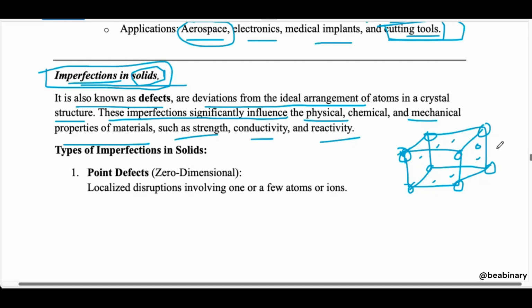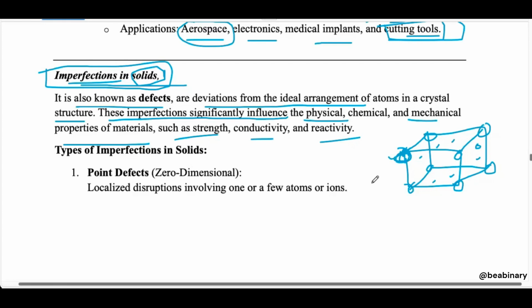Third kind of thing. Suppose an atom present at the corner of each unit cell contributes one eighth of an atom. But some other element, or your same atom, comes and provides a greater fraction of the atom. Instead of 1 by 8, they provide, suppose, 1 by 6, 1 by 5, 1 by 2, or 1 by 9.